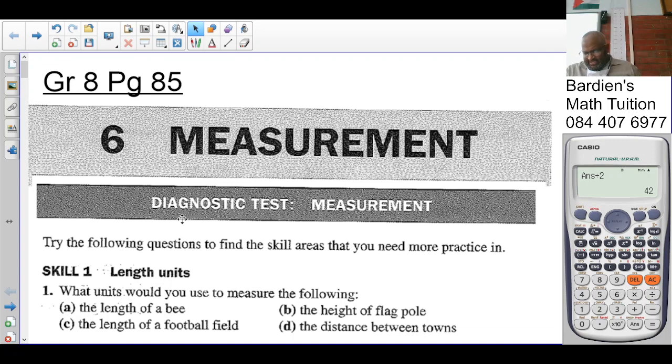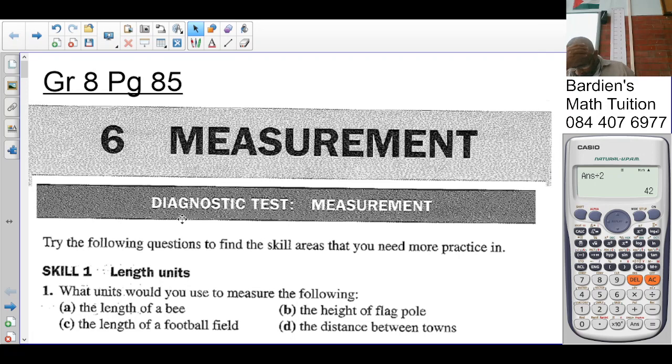So skill 6, that's where we must start, no? Right, the first answer, 96 meters cube. Number 3, 840 millimeters cube. Number 5, 3072 centimeters cube. Okay, you guys got it.